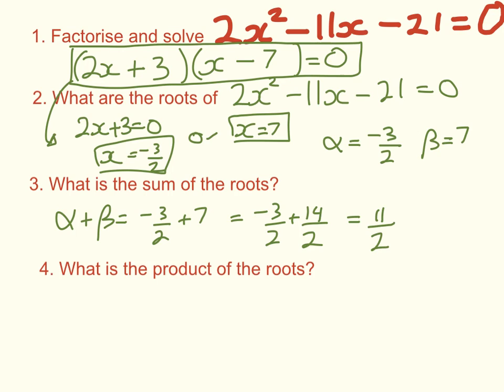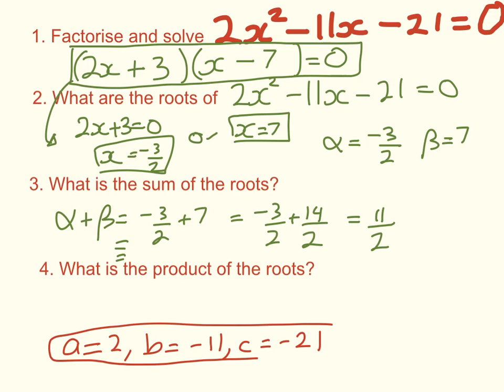Now, I really don't like the format with all the equal signs. I'd rather that you were lining them up down there, but I'm running out of space. So take a look at our initial equation, what did we have for A, B and C? Well, A is 2, B is negative 11 and C is negative 21.